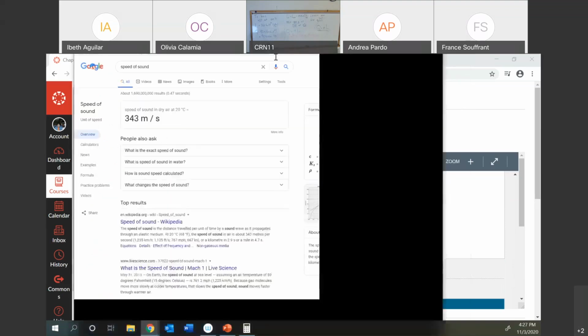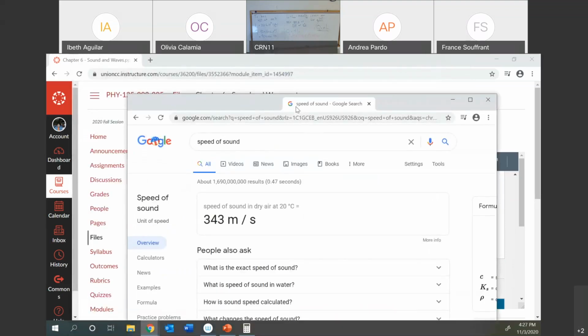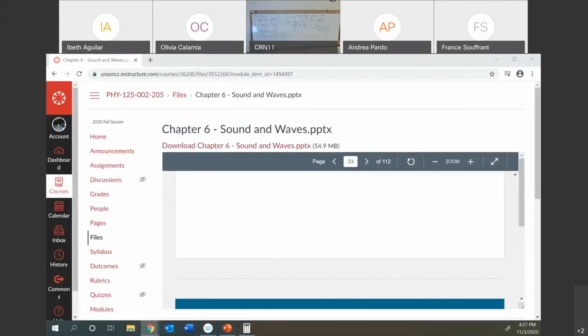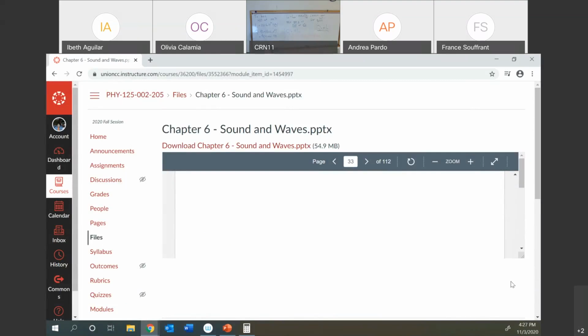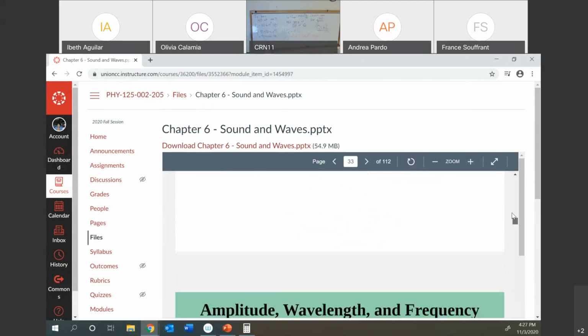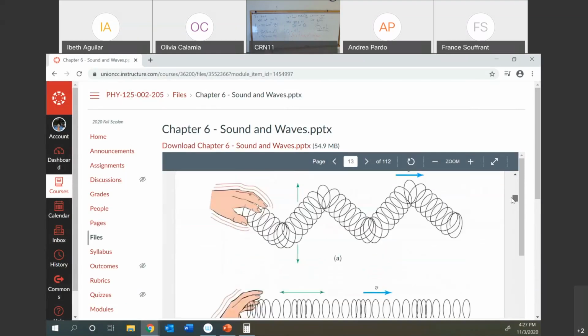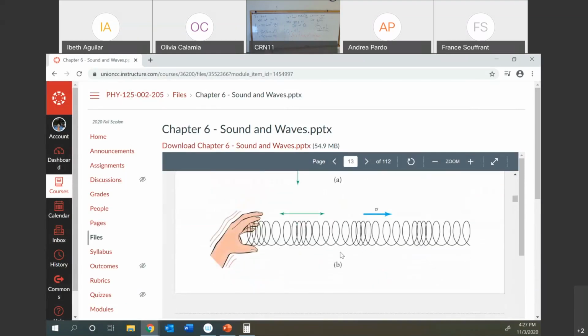So there it is, right? 343. So the experiment works actually pretty good. My recommendation is that you want to do it at different levels of water. That's it. All right. So yes, we will be doing a whole bunch of theory of waves, but the main equations are going to be related to what we do on transverse waves more than longitudinal.